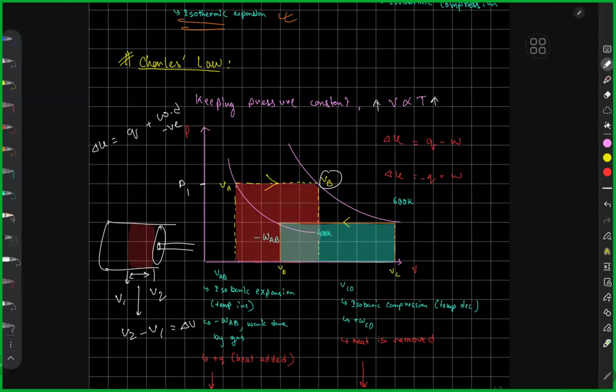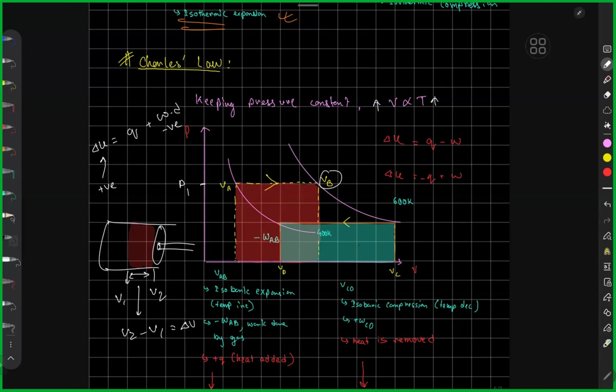So internal energy, let's say, goes from 40 joules to 100 joules because of the increase in temperature. So what is the del U? Del U is positive 60 joules. This is del U, the change in internal energy. Positive. Fair? That's very important. So my del U over here is positive.